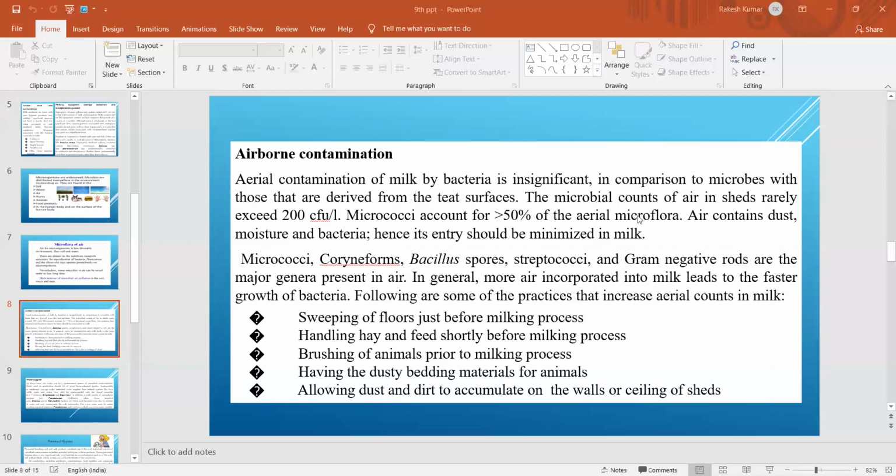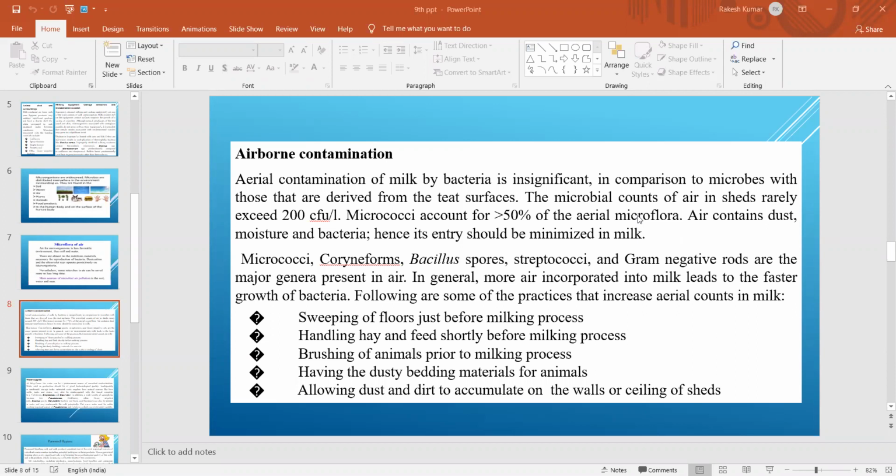And in general, more air incorporated into milk leads to faster growth of bacteria. Following are some of the practices that increase aerial counts in milk. So what are the different things responsible for adding microorganisms to your system, and how you can control them. Sweeping of floors just before the milking process is not advisable. Handling hay and feed shortly before the milking process is also not advisable.